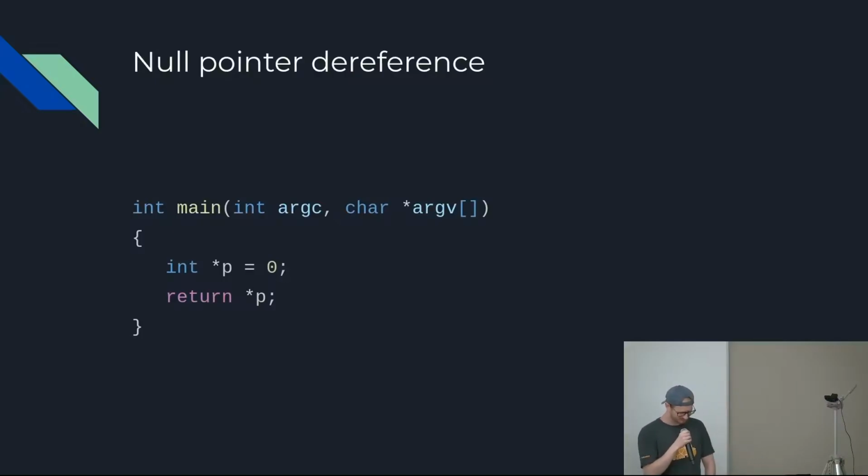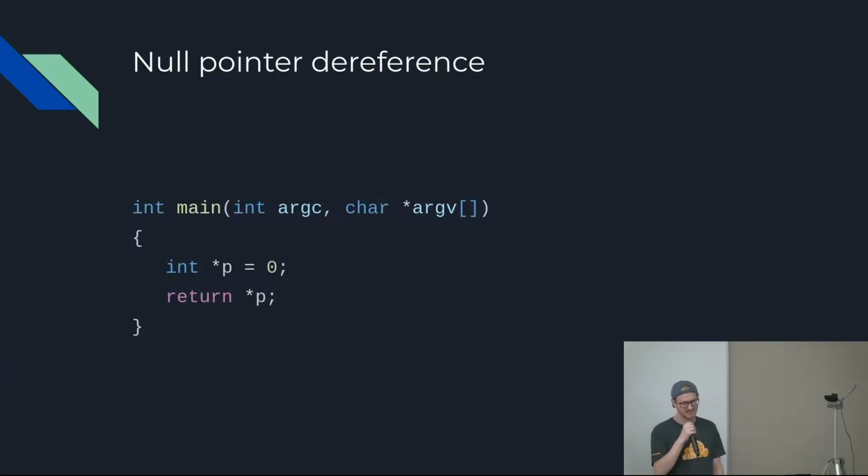So what is a null pointer dereference here? When we think of a pointer, we create a type int star. So that is our pointer type. I'm giving it the variable p, and I'm assigning it to 0. Pointers point to addresses in memory. And when I do this return right here, I'm actually doing what's known as a dereference operation.